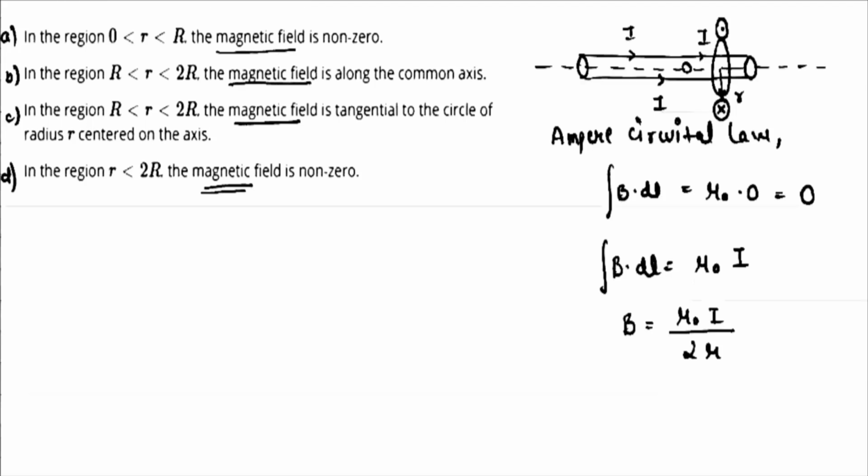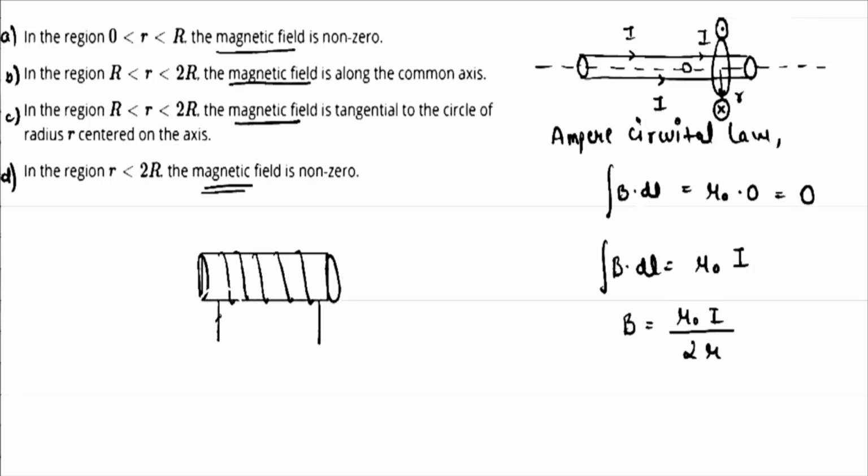Next we have a solenoid. Let's say this is a solenoid on which the wire is wound like this, and let's say current I is flowing inside the solenoid wires.